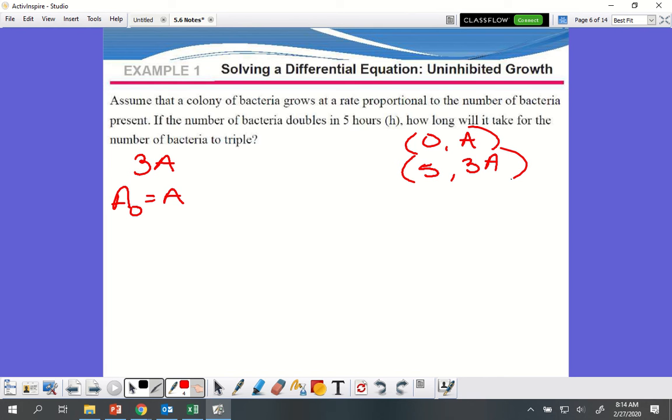Whatever it comes out to, I know I'm going to use A equals A sub naught e to the kt. I have 2 variables here that I don't know: I don't know the k, and I don't know the t.